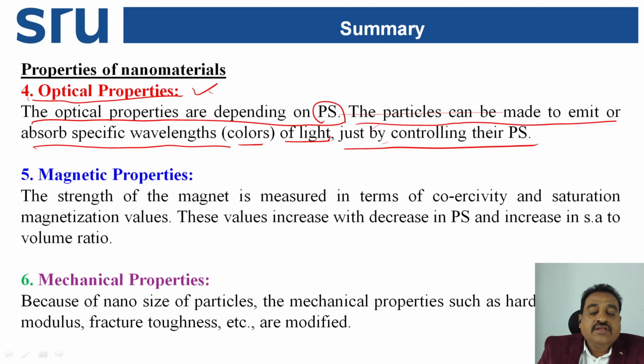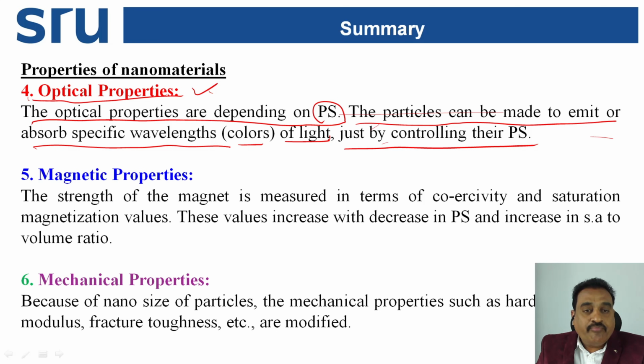What I am saying is, the optical properties of the particle can be finely tuned depending on its size. Thus, particles can be made to emit or absorb specific wavelengths of light just by controlling their size.